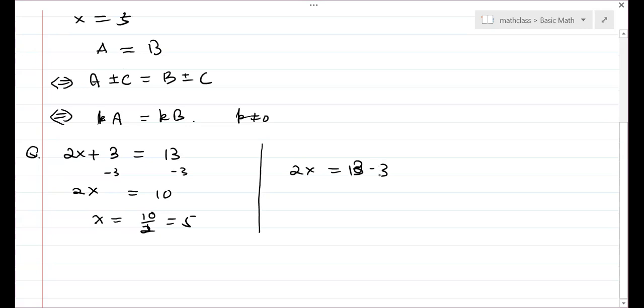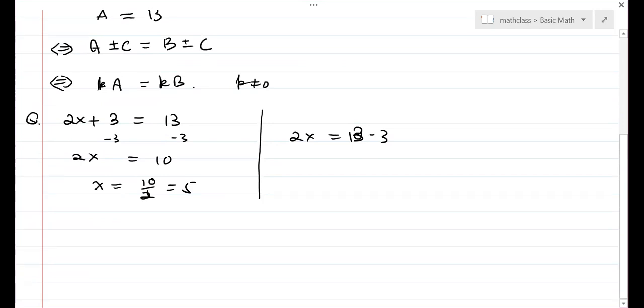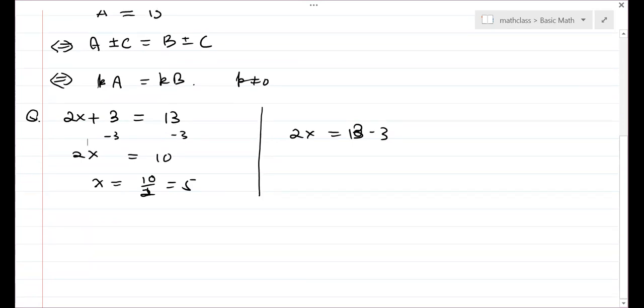So it looks like you move the term to the right-hand side and change the sign. So in the future, sometimes I will say, let's move the term from left to the right and change the sign. Why do you change the sign? Actually, you subtract the same term from both sides. So on the left side, that term is gone. On the right-hand side, you have a negative, minus that term, right?